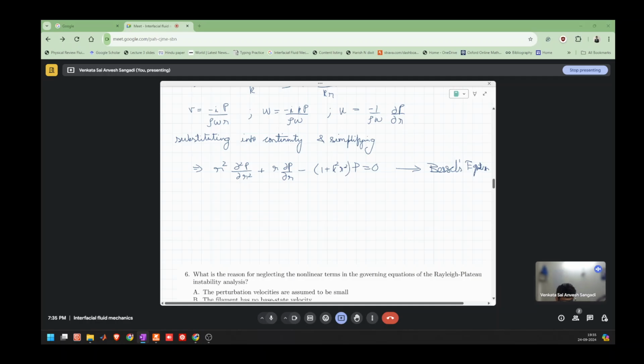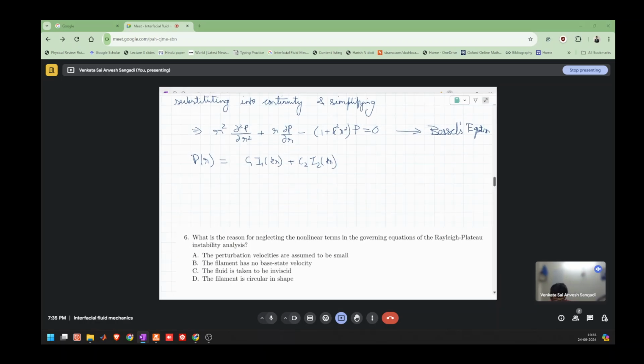Therefore, the solution can be written as p(r) is equal to C1 I1(kr) plus C2 I2(kr).